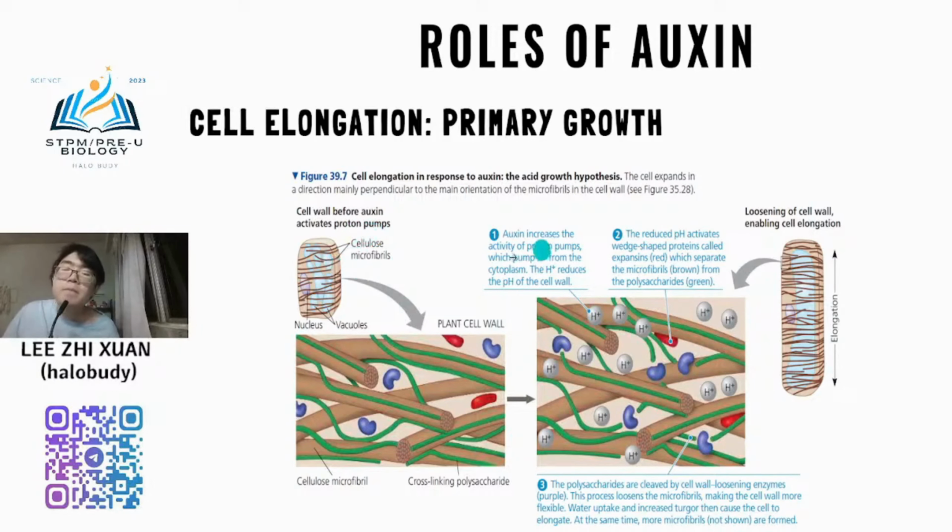So how? The auxin will firstly increase the activity of the proton pump, which pumps hydrogen ions from the cytoplasm. The hydrogen ions will reduce the pH of the cell wall.